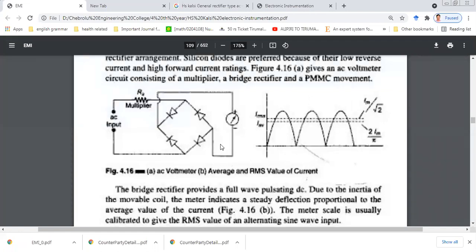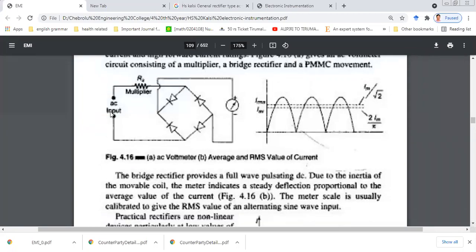From this we will measure the average value. So the AC voltage first will be converted into DC, and that DC voltage will be measured using the basic meter. The bridge rectifier provides a full wave pulsating DC. Due to the inertia of the movable coil, the meter indicates a steady deflection proportional to the average value.